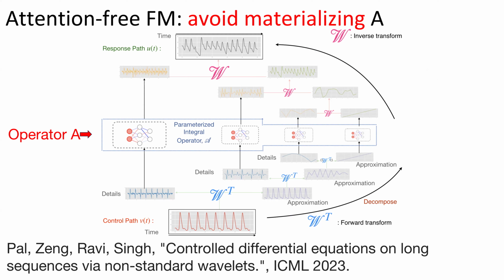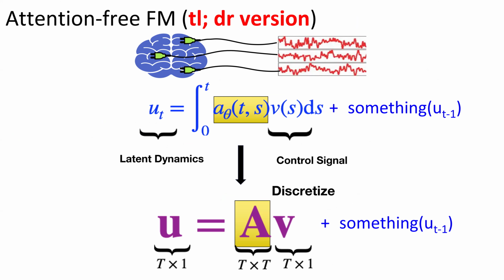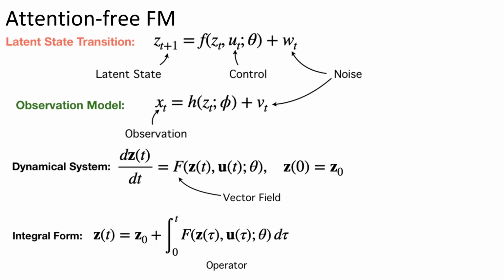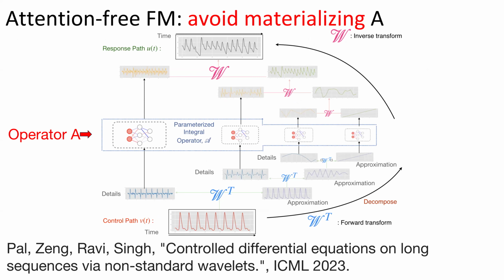So the main trick is to think about taking your V to the wavelet domain, taking your U also to the wavelet domain, and then the operator A can be decomposed into a form where you're only estimating the components that will eventually build up the full operator A. You're never fully materializing the big matrix A, and this overall procedure can be done using an algorithm that has existed for 20 years.